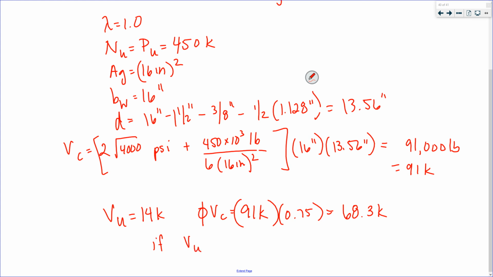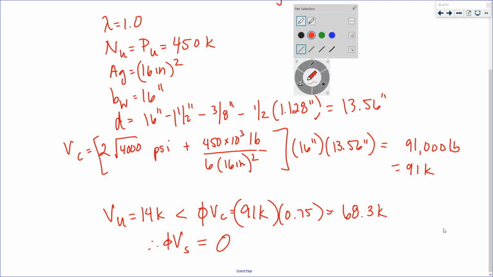If Vu is less than half Vc, right? I can get all of my, oh wait, that doesn't even matter, right? Because I've satisfied AV min. I don't need any shear strength from steel. Is what that means.